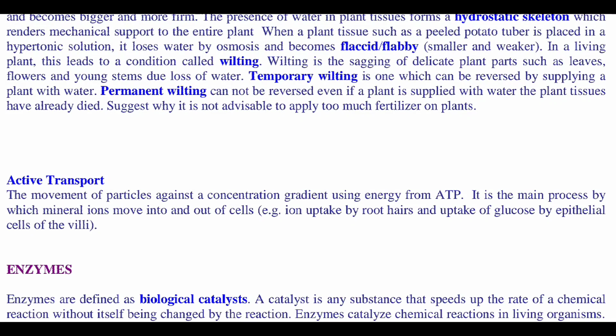It is the main process by which mineral ions move into or out of the cells. For instance, ion uptake by root hairs and uptake of glucose by epithelial cells of the villi are examples of substances that move by active transport.